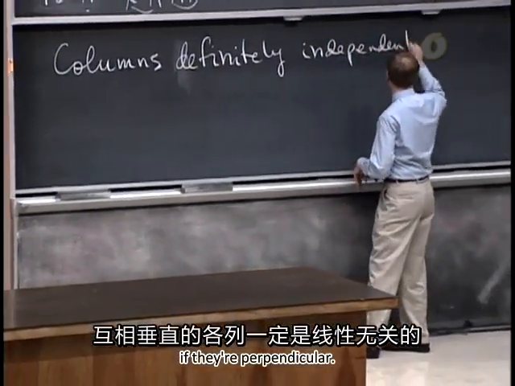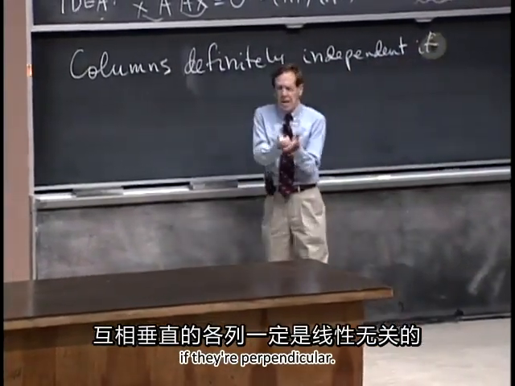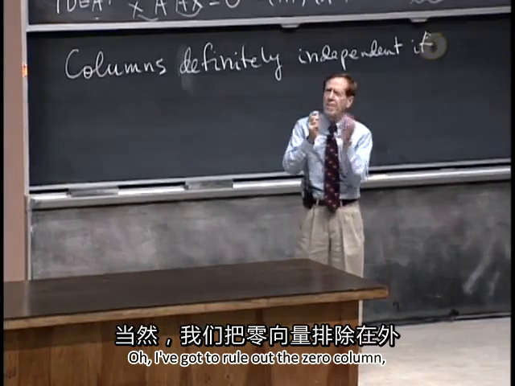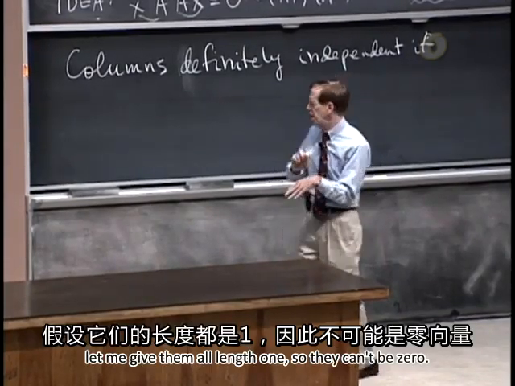If they're perpendicular. Oh, I've got to rule out the 0 column. Let me give them all length 1, so they can't be 0.